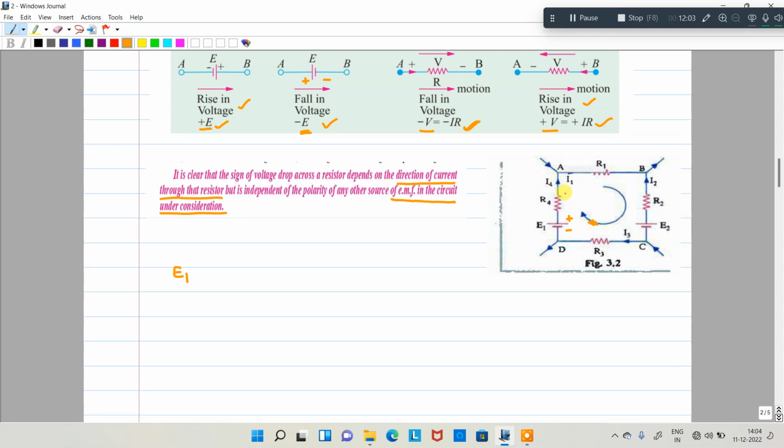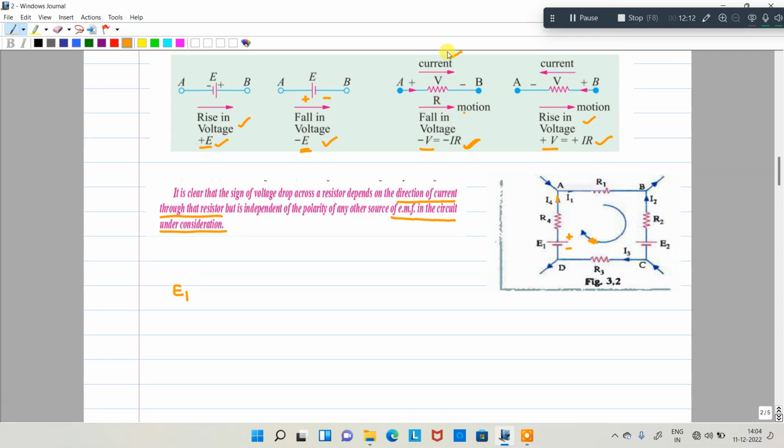Next, coming to here, this current direction as well as this arrow direction are the same. What we need to do is minus IR. So minus I, what is the I here? The current flowing through this particular branch is I4 into R4.